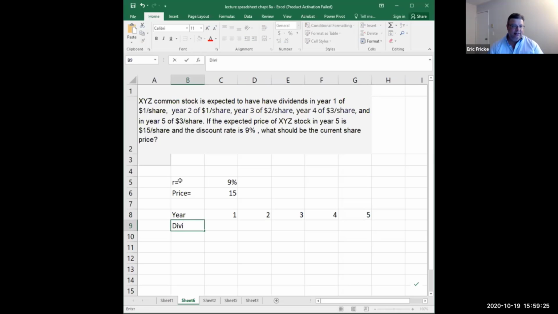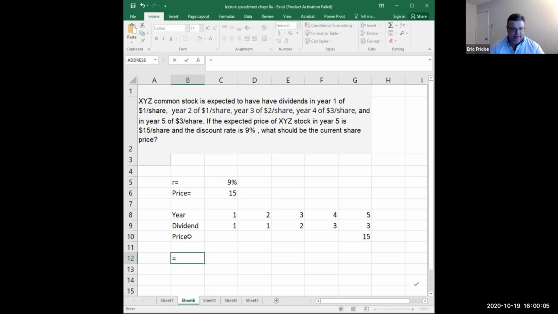And the dividend is given as $1, $1. I'm sorry, so it's 1, 1. Year 3 is $2. Year 4 is $3, and year 5 is $3. And then we also have the stock price, and that is given in year 5. So that's all the information that we have.